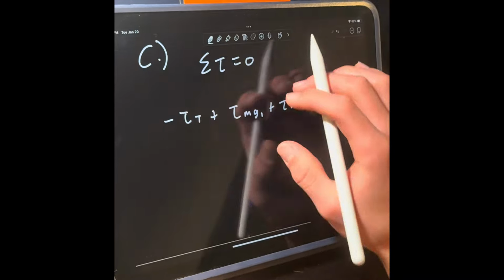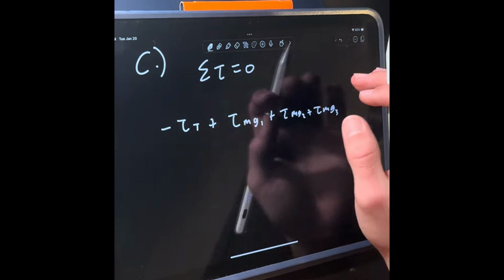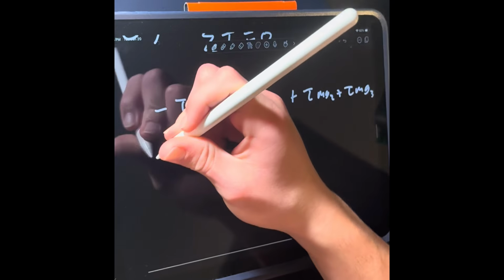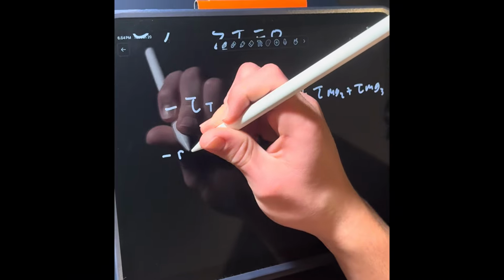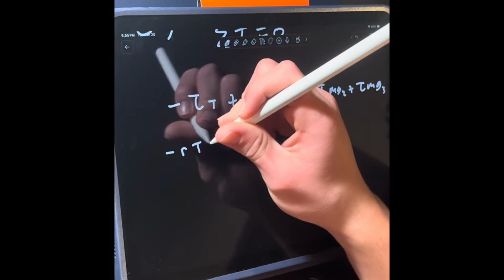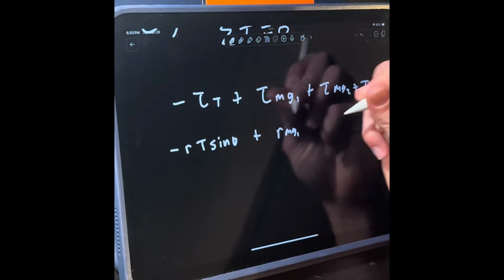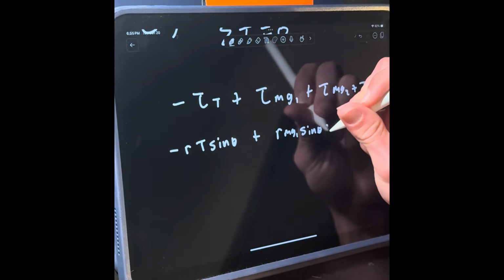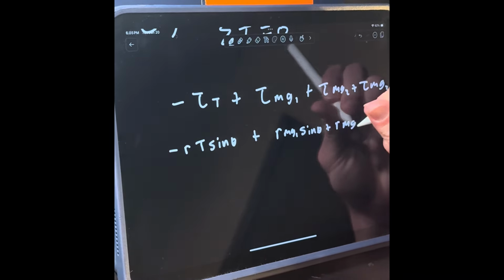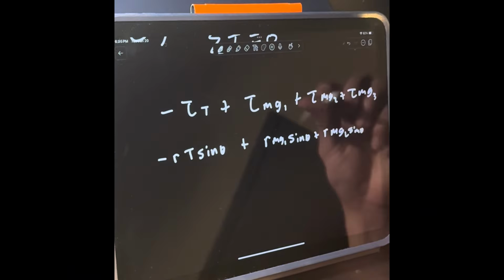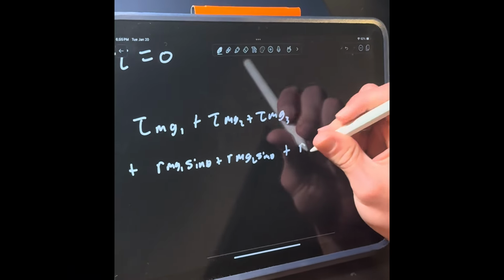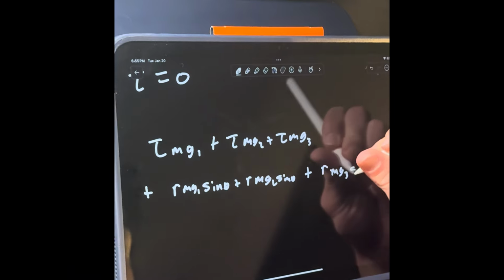With previous knowledge, we know that torque equals R F sine theta, so we're going to rewrite everything as negative R, F_T as just T, sine theta, plus R mg1 sine theta plus R mg2 sine theta plus R mg3 sine theta.